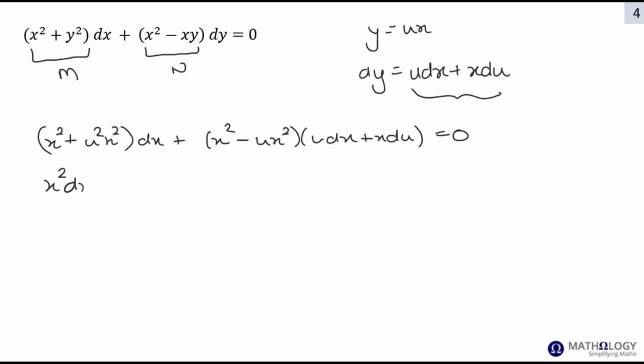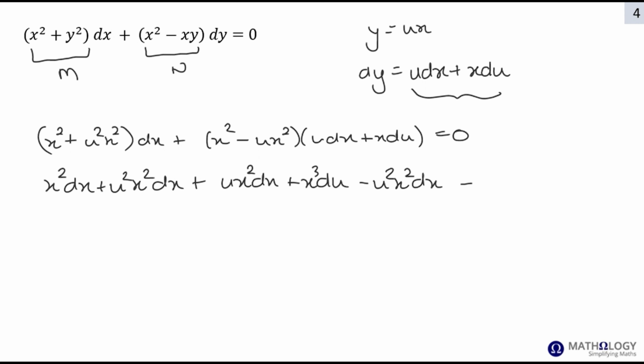x squared dx plus u squared x squared dx plus ux squared dx plus x cubed du minus u squared x squared dx minus ux cubed du, and that equals 0. So we have this term cancelling with that term there.